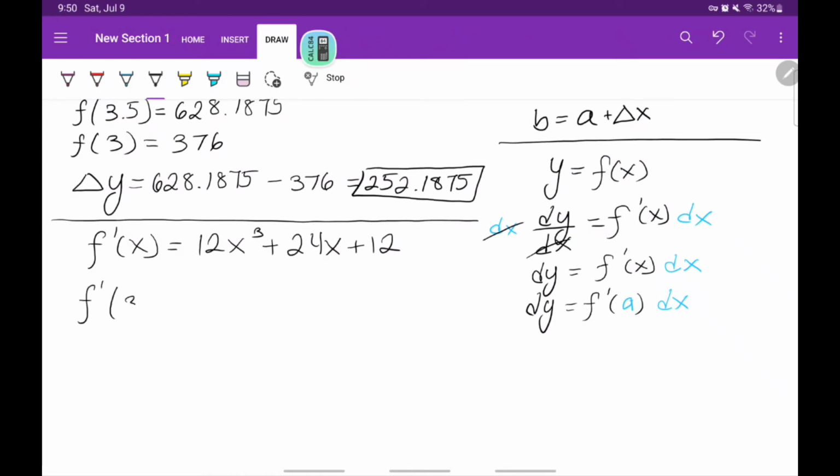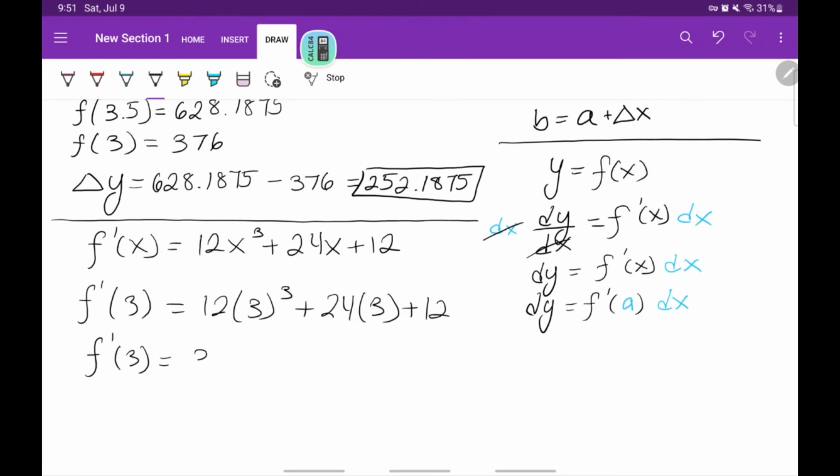So f prime of 3, because remember our a is 3, is going to equal 12 times 3 cubed plus 24 times 3 plus 12. 3 cubed is 27, times 12 is 324. 24 times 3 is 72. And we're adding 12. And we get 408.